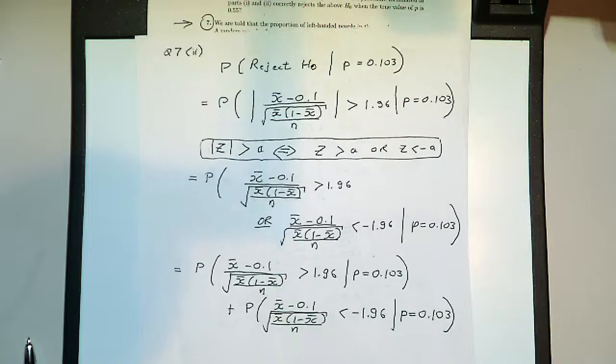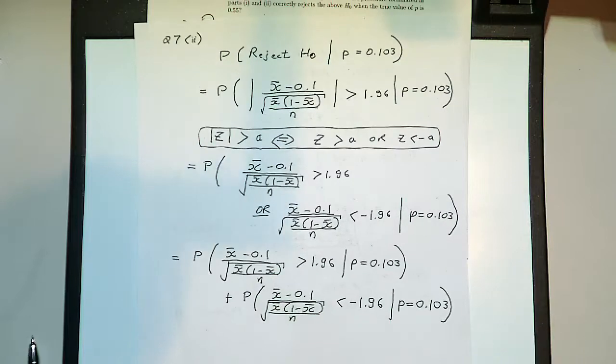All right, now in the next step, remember these two probabilities are conditioned on the true proportion being equal to 0.103. So the true proportion is no longer 0.1, it's 0.103.